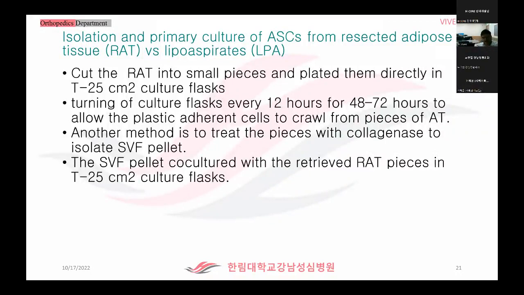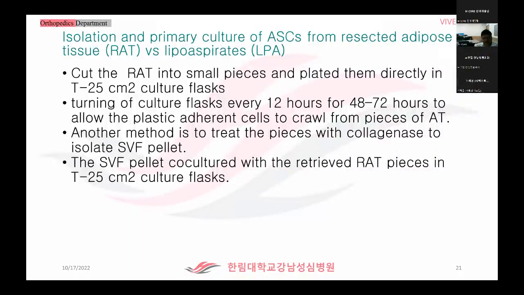One is resected adipose tissue, which I will call RAT, and the other is lipoaspirate, the liposuction mediated tissue. First, we cut the tissue into small pieces and plate them directly on a culture flask, then turn the flask, shearing it every 12 hours for 48 to 72 hours, to allow plastic adherence of the cells to crawl out from the pieces. The cells should come out of the pieces, and this is very important.